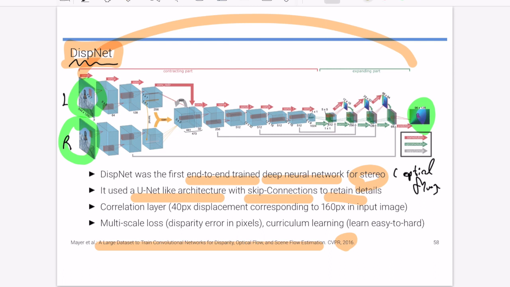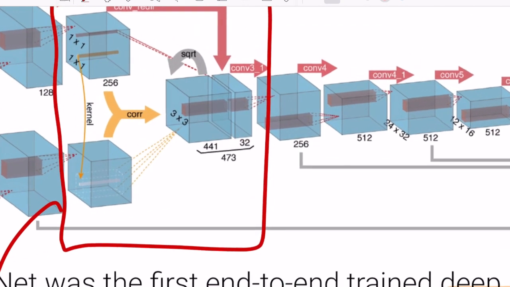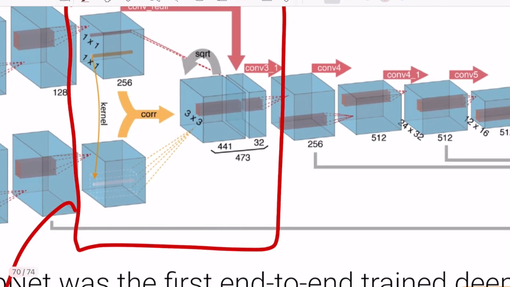Compared to just the UNet architecture, they have some kind of correlation layer. In the correlation layer, we just compute the correlation.